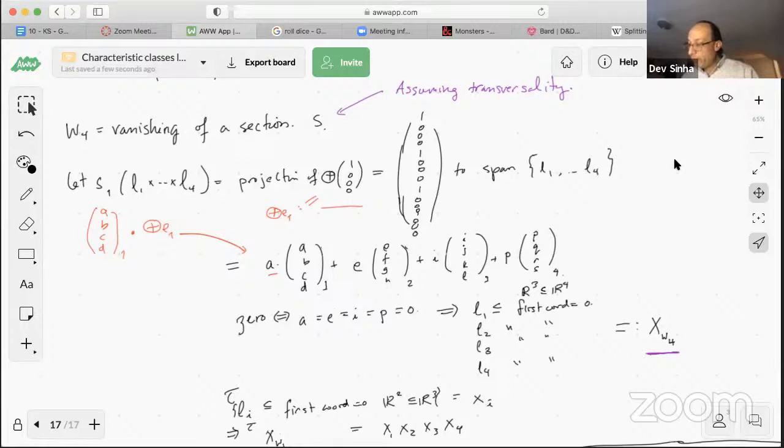So if I consider in my copy of RP3 this condition that Li sits inside the first coordinate 0 subspace, which is a copy of R3 inside R4, that means that that's exactly in that cohomology of that RP4.